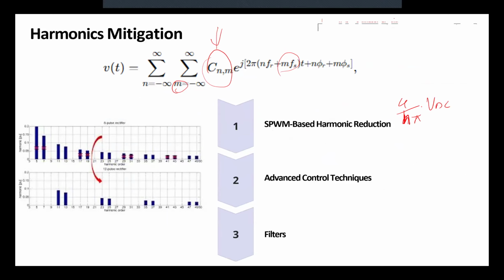Now there is an m times VDC here that describes the level of DC. This MA, this value, is inside this C. Modulation index describes the amplitude of your basically DC voltage.